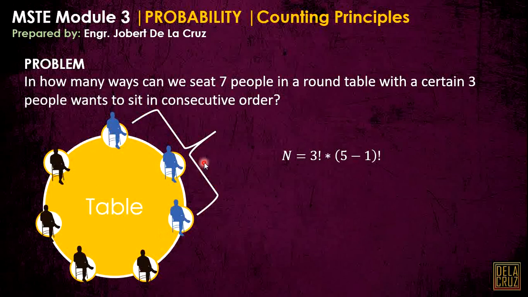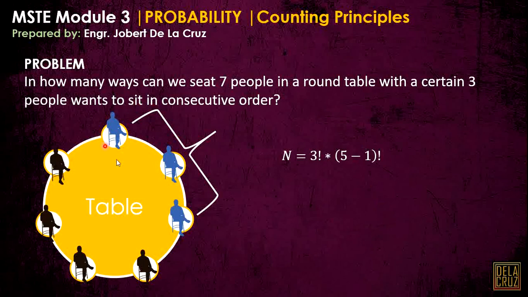So, the total number of persons here, if this is counted as 1, is 1, 2, 3, 4, 5. So, that's why i-multiply natin ng 5. Then, this is just the formula of a round table, no? Ipapaupo natin yung persons in a round table. n-1 factorial. Okay, you get?